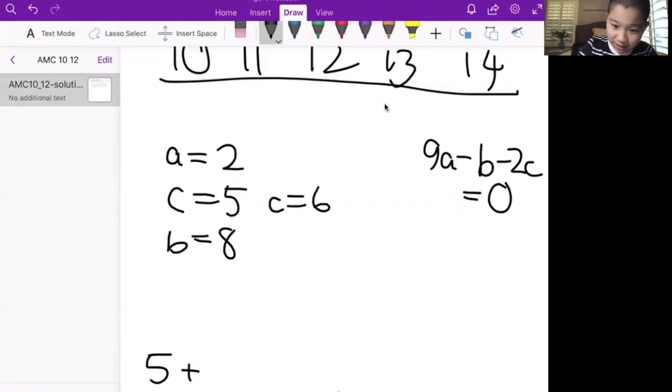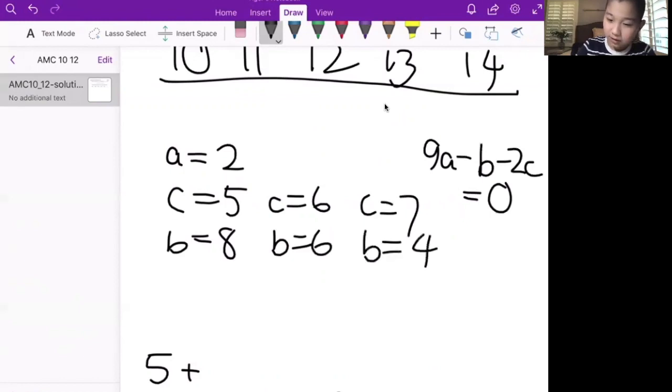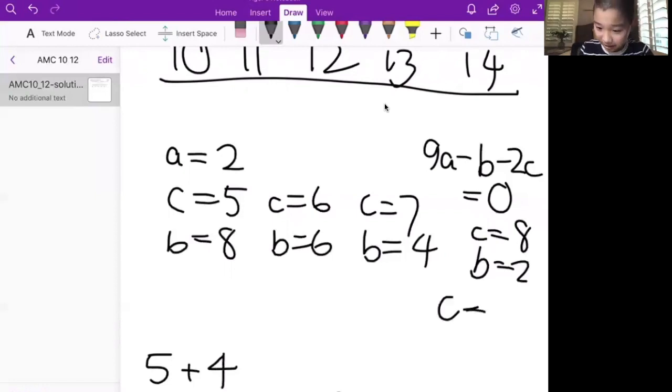C is 6, then B is 6. You can check all of these on your own. C is 8, B is 2. So those are an additional 4 possibilities. And actually, C equals 9, B equals 0 will also work.